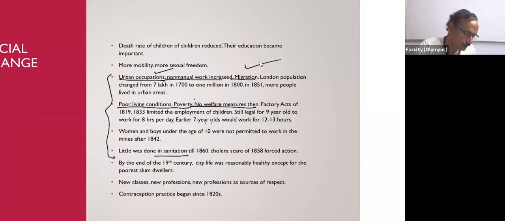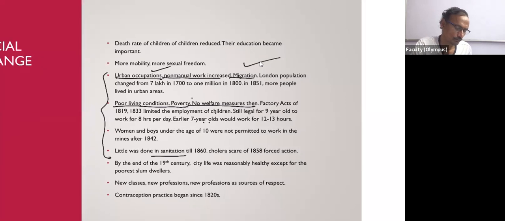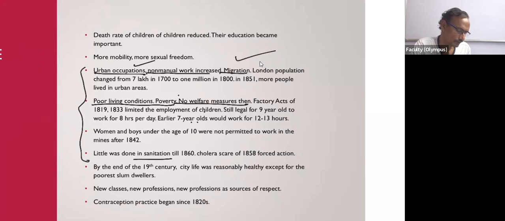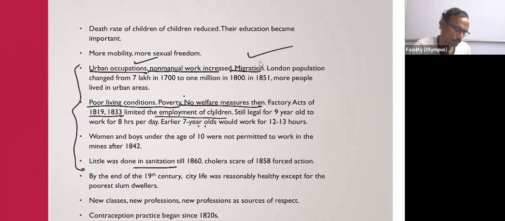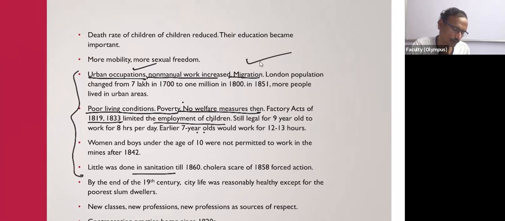And then things started changing. For example, Factory Acts of 1819 and 1833 limited the employment of children. But even after those acts, it was legal for a 9-year-old to work for 8 hours per day. Before these acts, 7-year-olds would work for 12 to 13 hours.